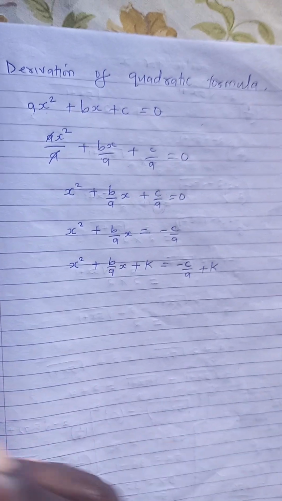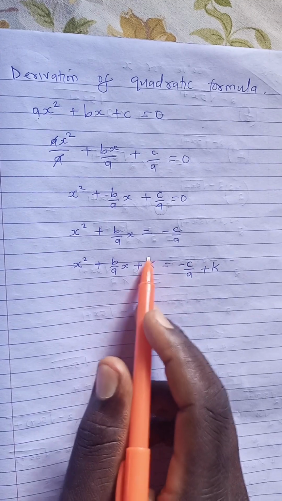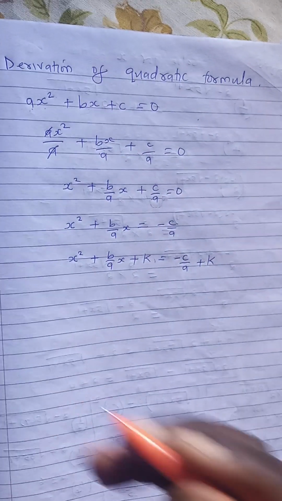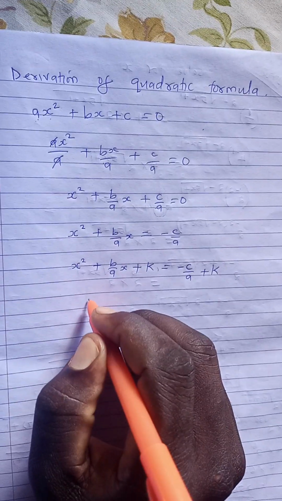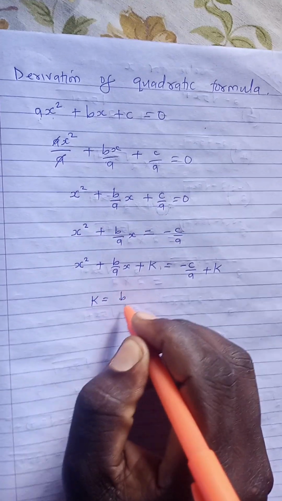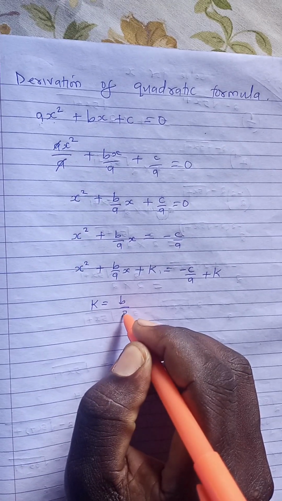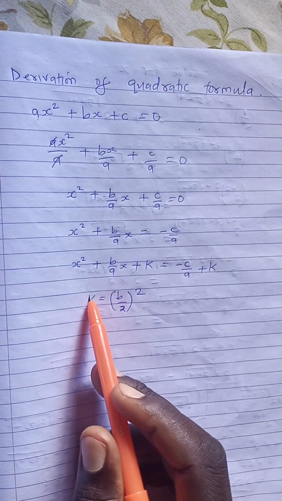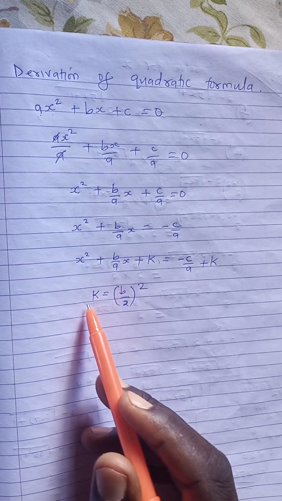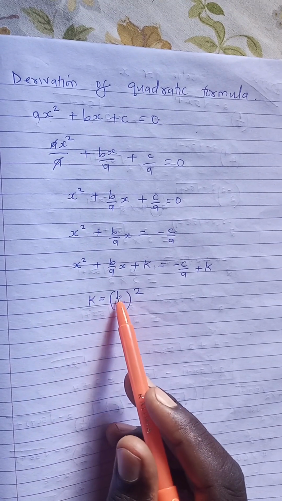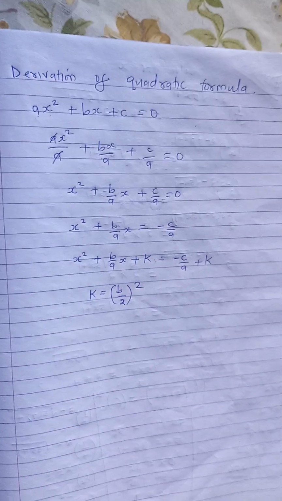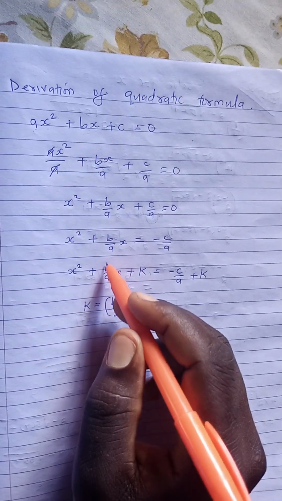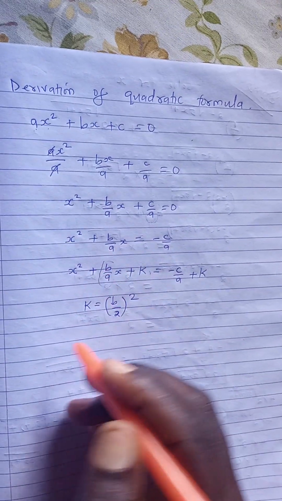Now, after adding a constant, that constant which is k in our case should be b over 2 squared. Our constant k is gotten by squaring half of b, where b is the coefficient of x.